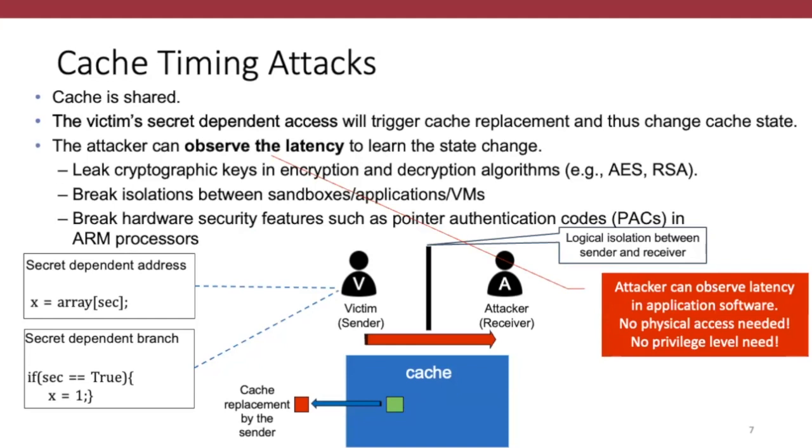Such attacks are really concerning because the attacker only needs to observe the latency in software execution. The attacker does not need any physical access or privilege level. Just normal application level code can learn the behavior of another victim program.